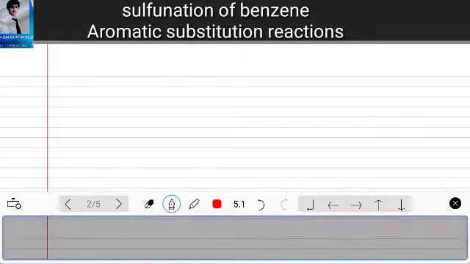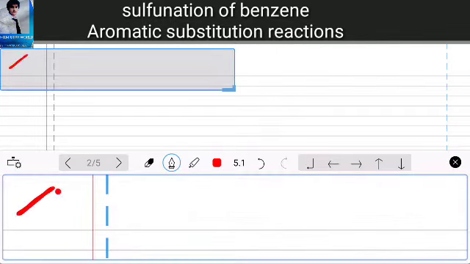The general reaction we use is, here we have a benzene ring.